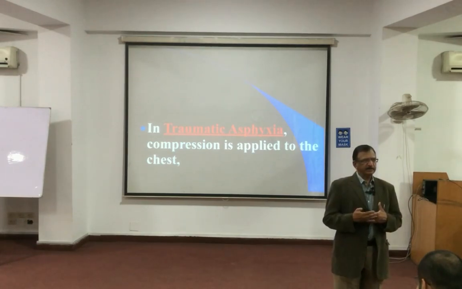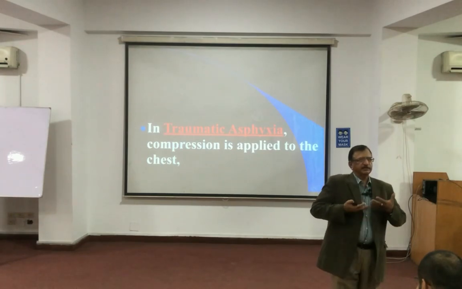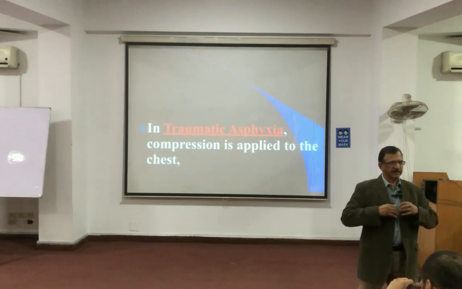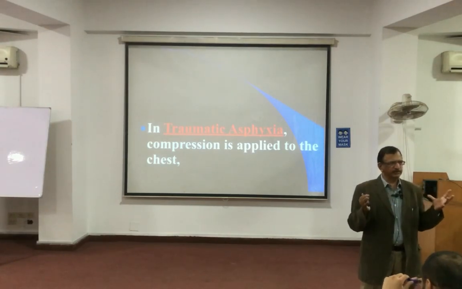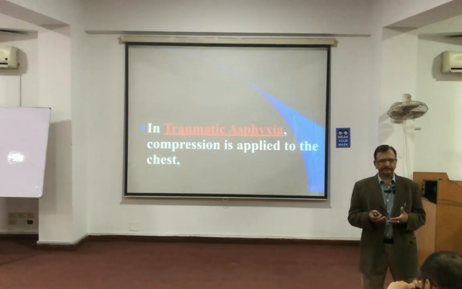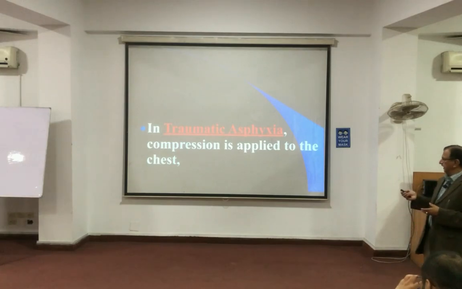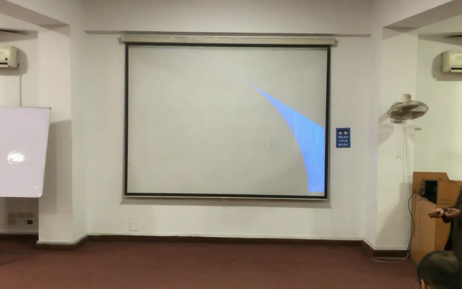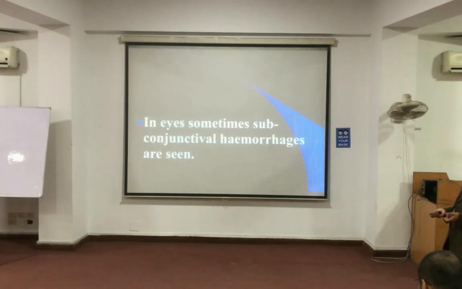Secondly, it is pressing the blood vessels, and the blood within the vessels is pushed up towards the head, towards the skull, and there will be extreme congestion, cyanosis, and even rupture of the vessels above the site of compression. So in this case, the target area is the chest, but the resultant injuries will be seen away from the site of compression. Petechial hemorrhages and others.